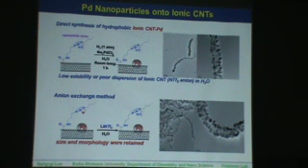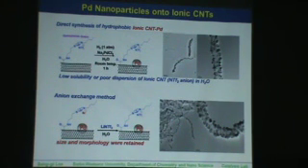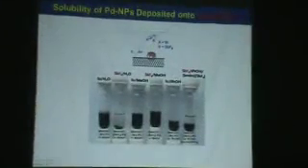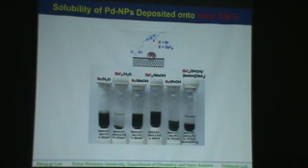Now we get this hydrophobic palladium CNT composite. You can see here, the solubility or dispersity can easily be tuned by simple variation of these anions. With the hydrophilic anions, these are very well dispersed in water.